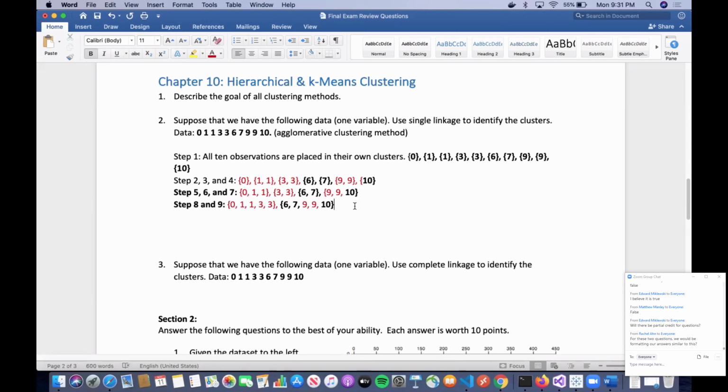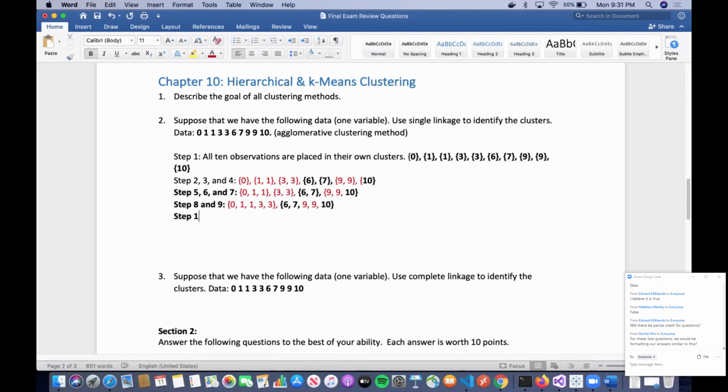Then we move to the next level, step 10. We came from 2, now we go to 3. If we look, of course, 3 and 6, the difference between them is 3. So in step 10, we merge, we form a cluster here.